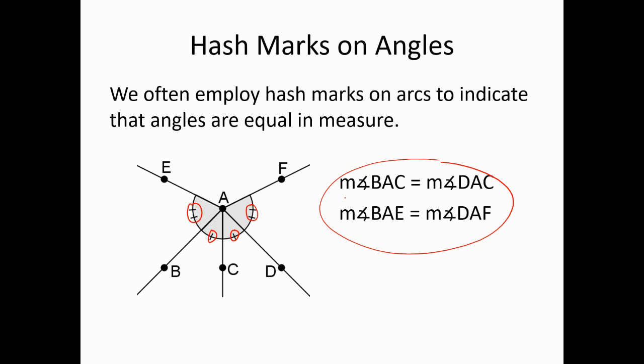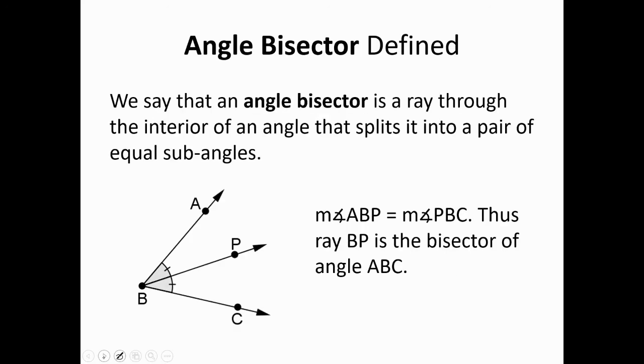So there it is, the measure of angle BAC is equal to the measure of angle DAC, and the measure of angle BAE is equal to the measure of angle DAF. So we can say it both in statement form with the equal sign, and we can also have diagrams speak to us and say that angles are equal in measure, just as they could say that lengths are equal in measure. Now, we defined midpoint, so let us also define angle bisector, and this is a place to do that because it depends upon measure.